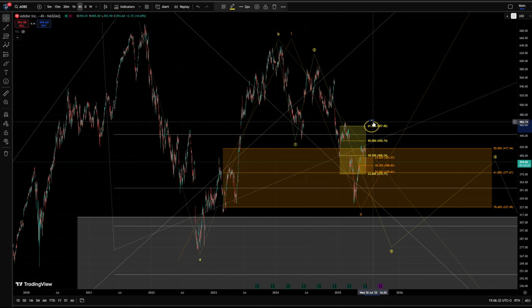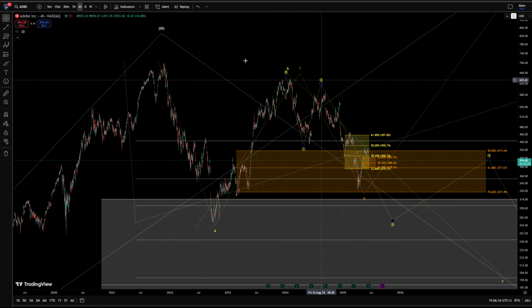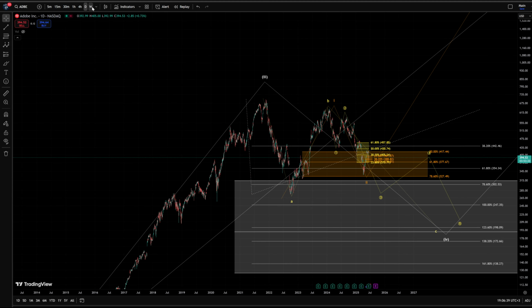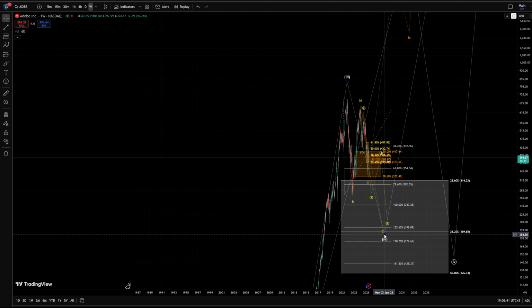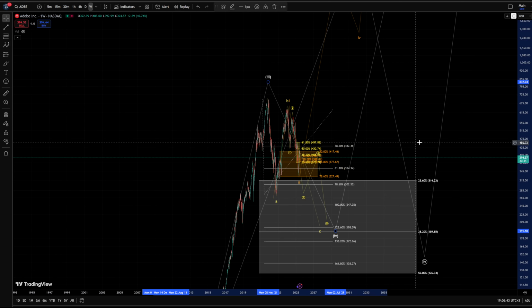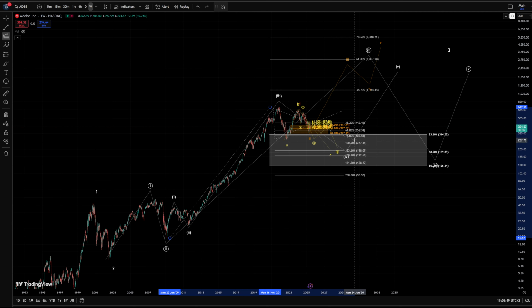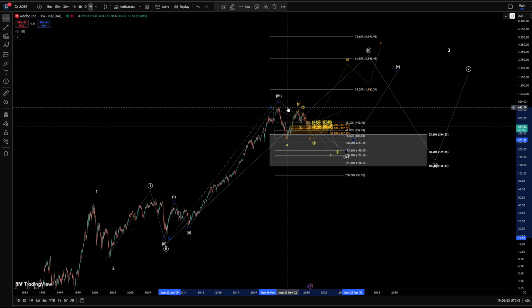And once we form this low, well, sure, I could give you the target for the case that the wave 4 has finished here and we are in the orange scenario, and that would be quite a bit above the last high at around $700, the all-time high for this chart.